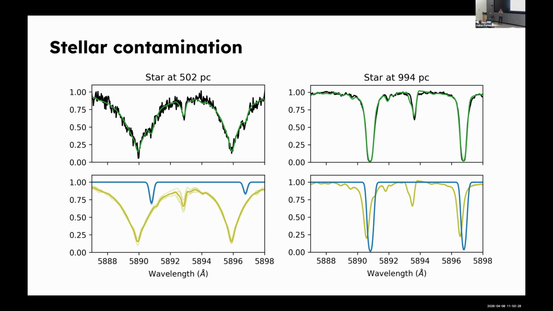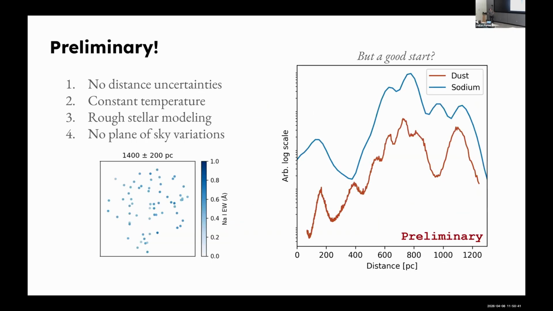So it's important to also do a joint fit to all the stellar spectra as well. But this is a little preliminary. The stellar modeling is still a work in progress.